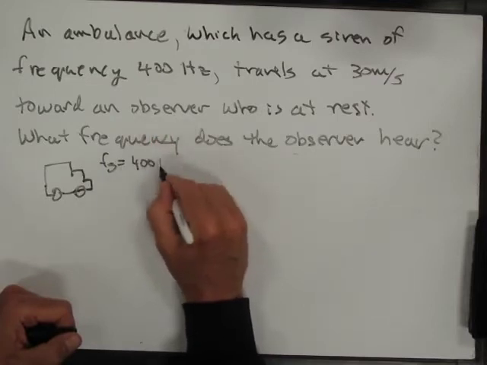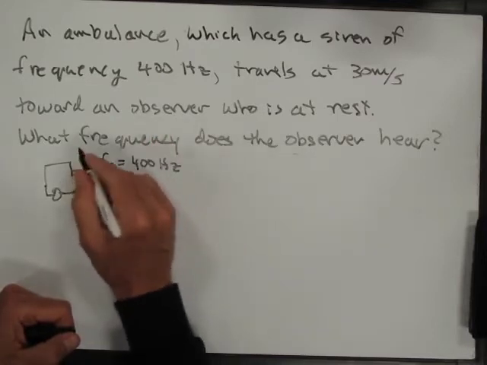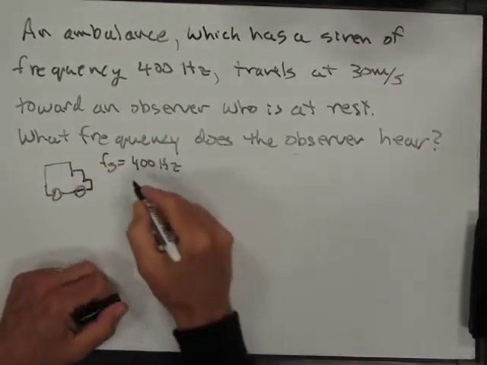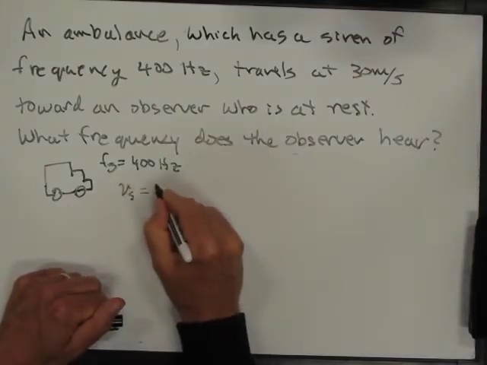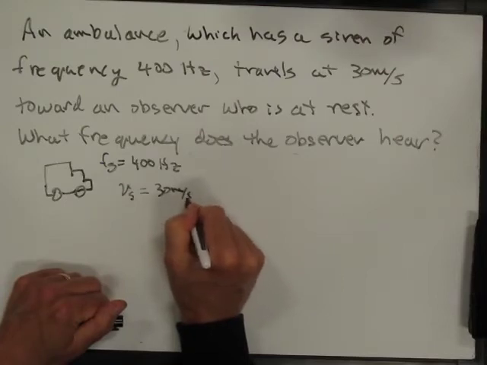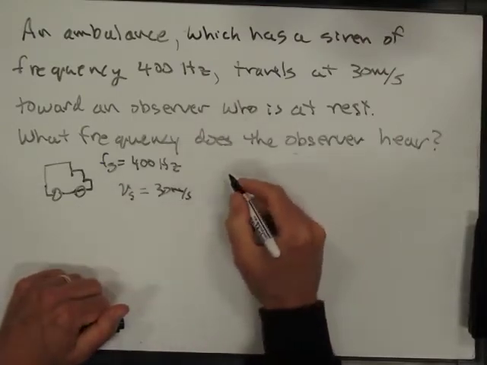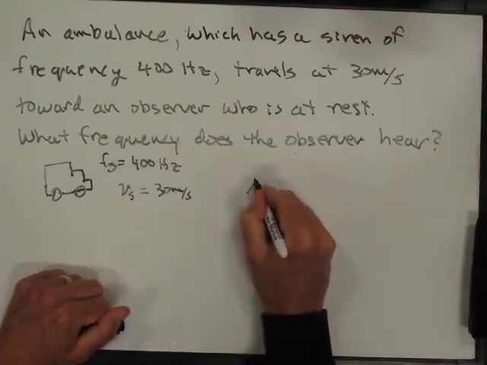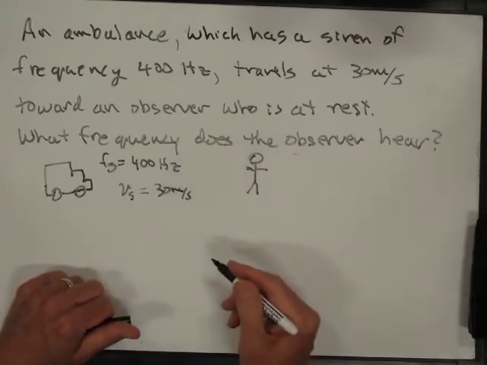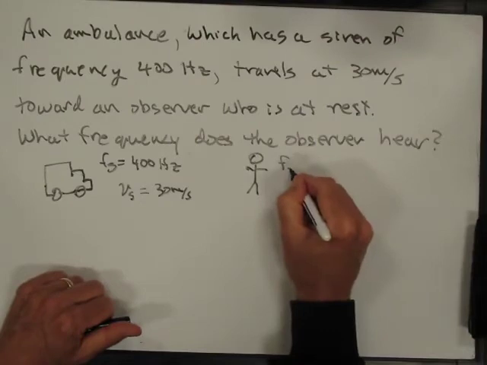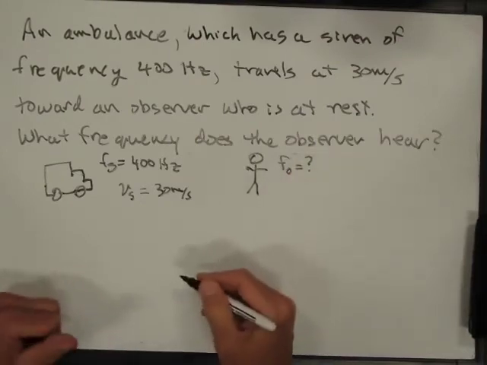That's the frequency of the source. And it's traveling, the speed of the source is 30 meters per second, right? And so I've got some listener, hopefully somebody standing off the side of the road just watching the ambulance go by, right? And so we want to know, what frequency does the observer hear?